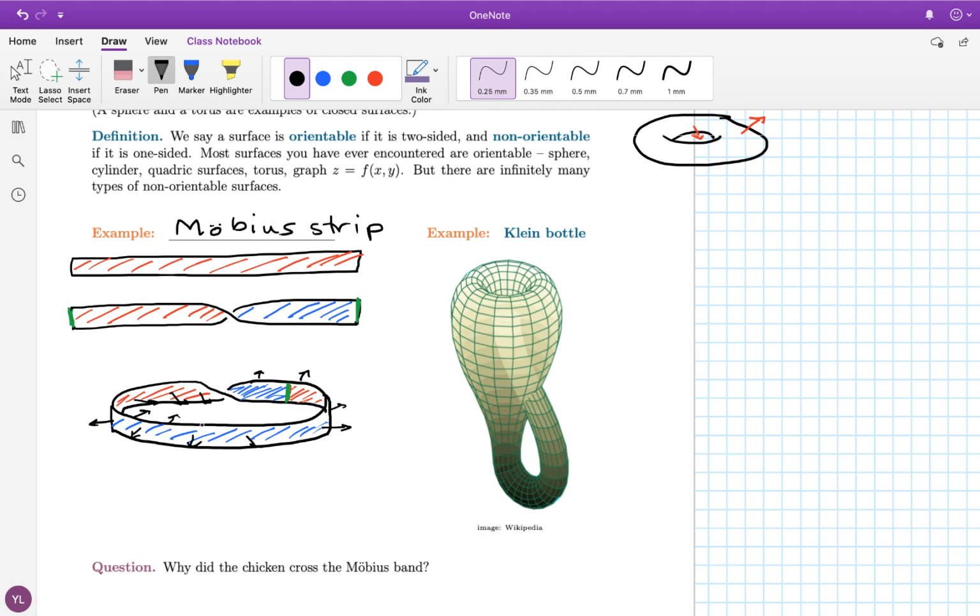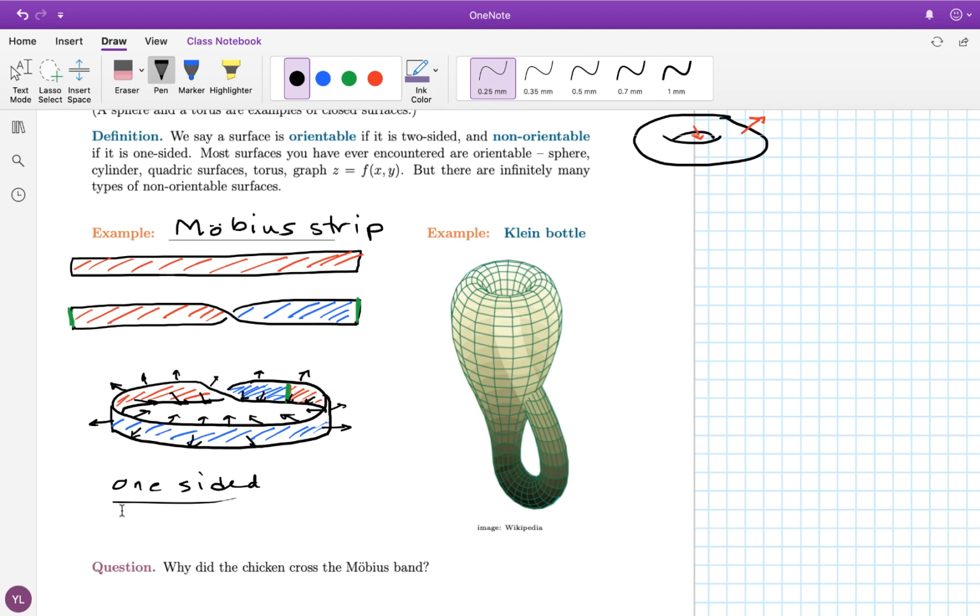And so you aren't really establishing one side at all, because there's no way that you can go around and attach normal vectors that just point to one side. If you attach a continuously varying vector field of normals, it hooks up with itself and ends up pointing to both sides at once. That's because there really is only one side to the Mobius strip.